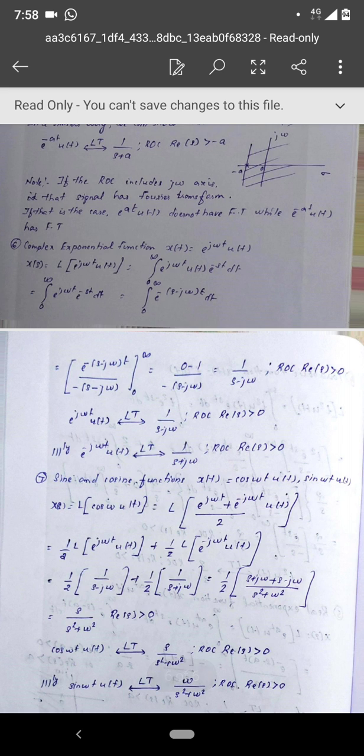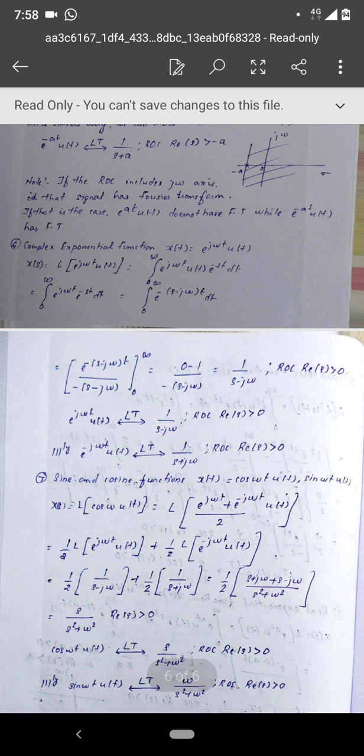And if you take half outside and find the Laplace transform of e raised to j omega t u of t plus half Laplace transform of e raised to minus j omega t u of t, the result is already available. E raised to j omega t u of t, we know, is 1 by s minus j omega. And e raised to minus j omega t u of t Laplace transform is also available, that is 1 by s plus j omega.